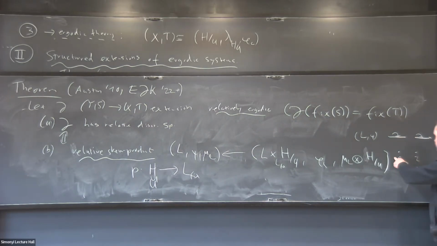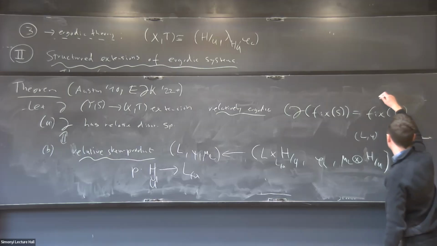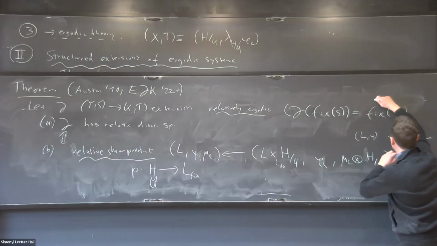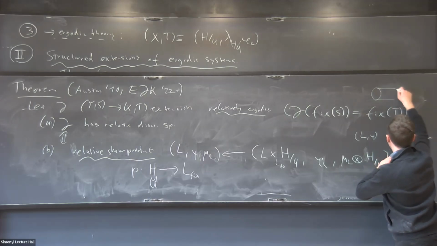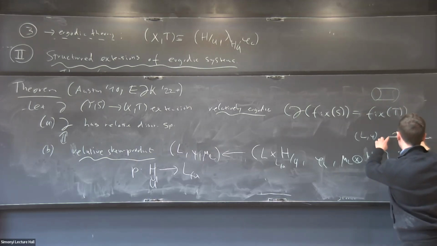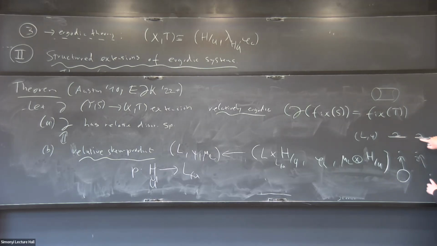So you have a group here, which might be a circle, for example, and you have a group here, which might just be a trivial group. And then your relative skew product would be, for one part, a cylinder. So this times this. And here I just take this times this, so I just get this line. So this is the difference now. Yes.